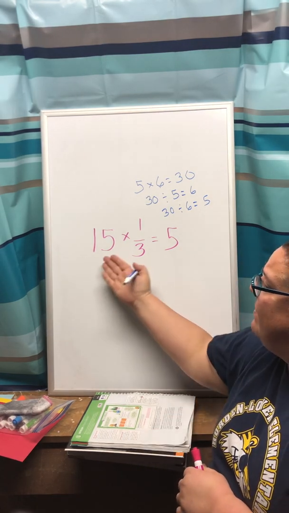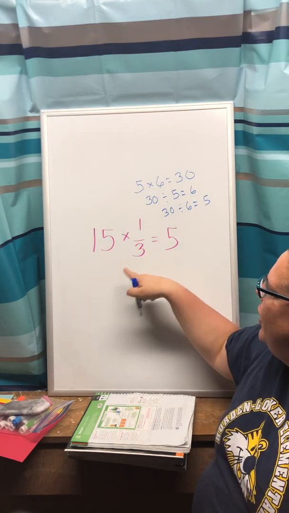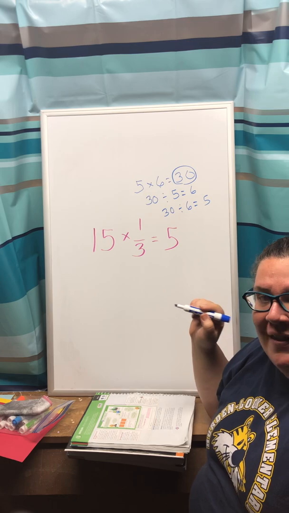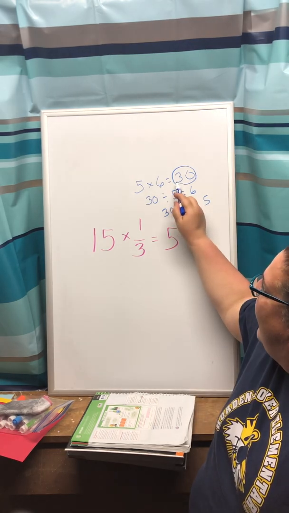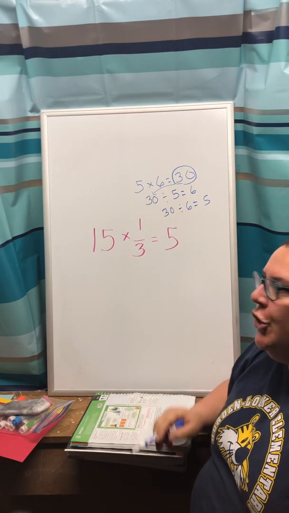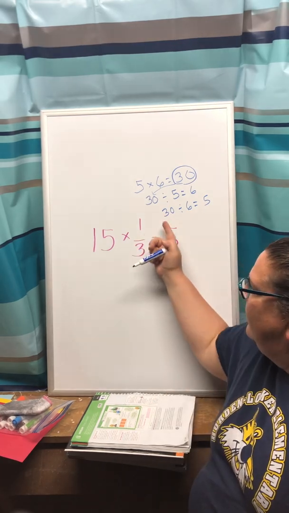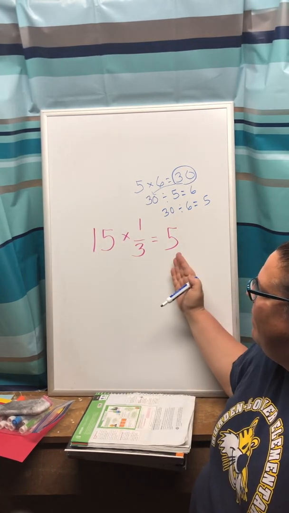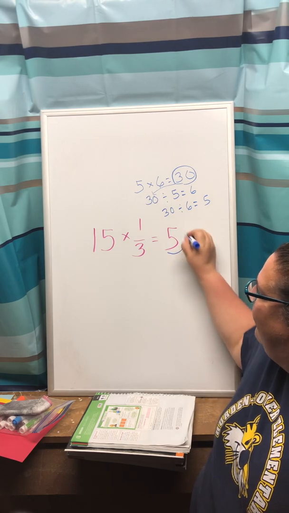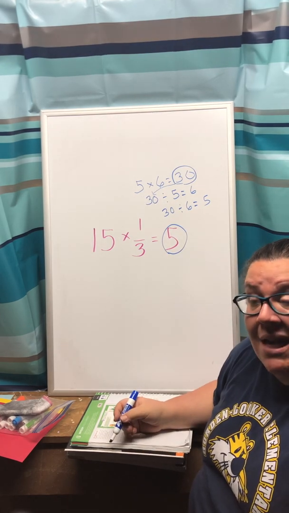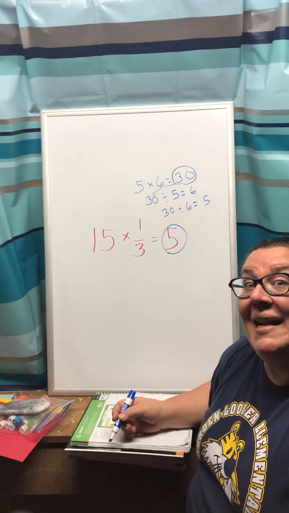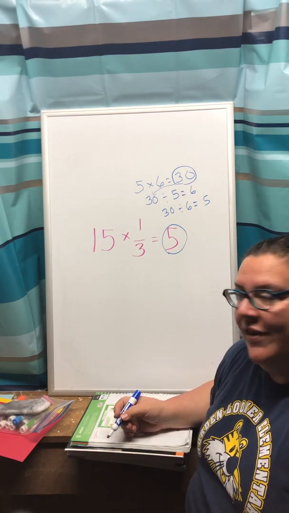So if I'm doing the same thing here, I started with 30, which was my answer to that multiplication problem, and when I did division, I used that 30 in both number models as my dividend. Here, 5 was my product, my answer to my multiplication sentence. So 5 is now going to be my dividend in my division problem.